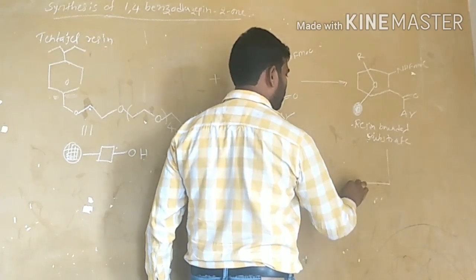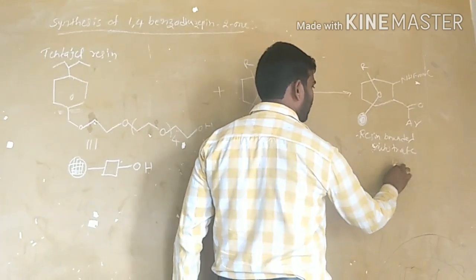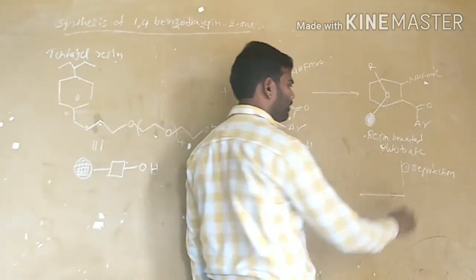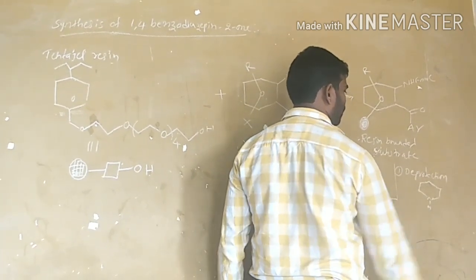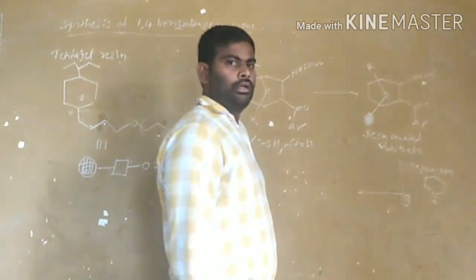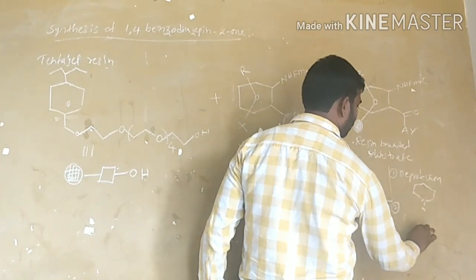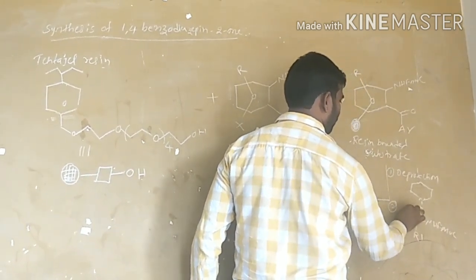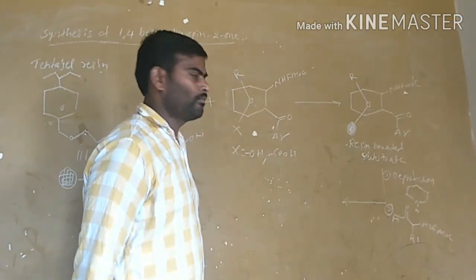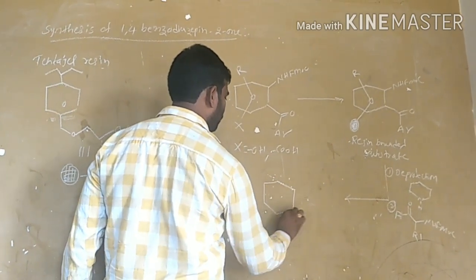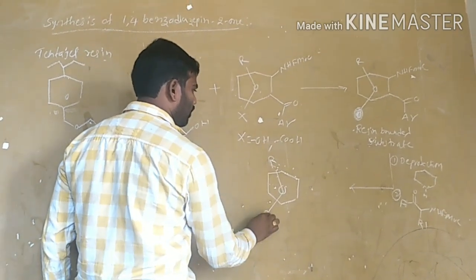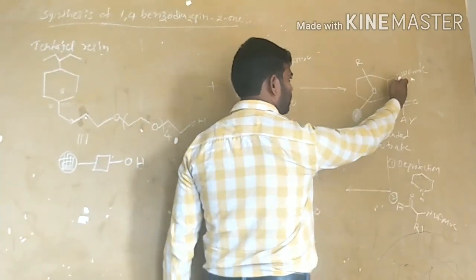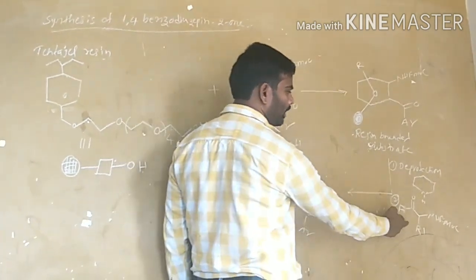And this resin bound substrate molecule first undergoes deprotection by using piperidine. In the presence of piperidine, followed by treating with R1 NH-Fmoc, the Fmoc protecting group is deprotected, followed by treating with this substrate molecule.